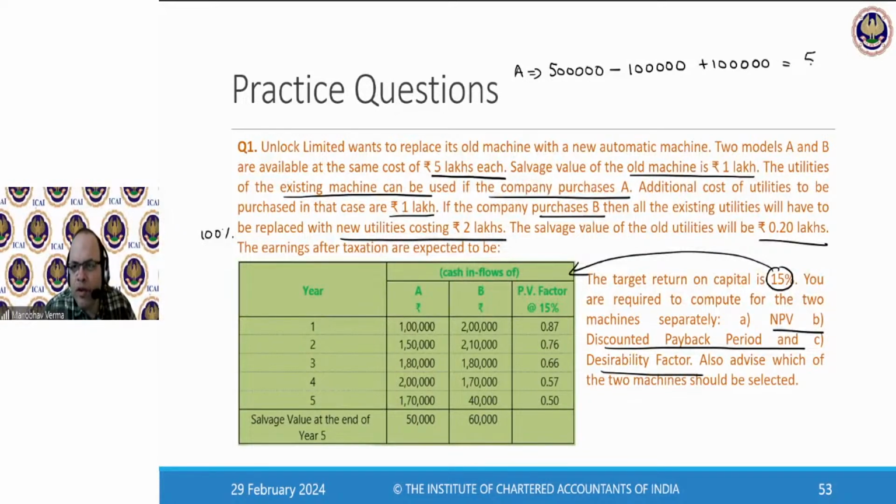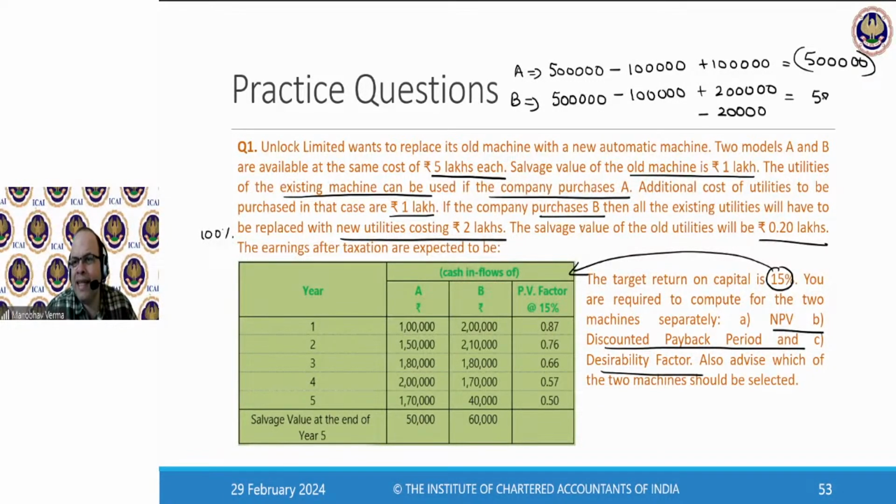So that means for machine A, we are looking at 5 lakhs as an initial outflow. For machine B, we again have the cost of 5 lakhs, minus sale of the old machine 1 lakh, plus 2 lakhs here for utilities, minus 20,000 because the existing utilities' salvage value would be there.